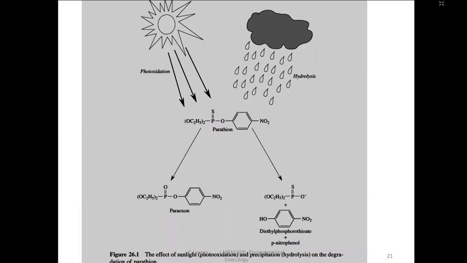It's just a summary of the photo. Now this one is photo-oxidation and hydrolysis, precipitation. They're showing how this compound, parathion, can undergo multiple processes.